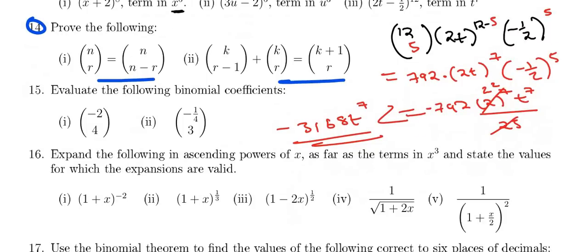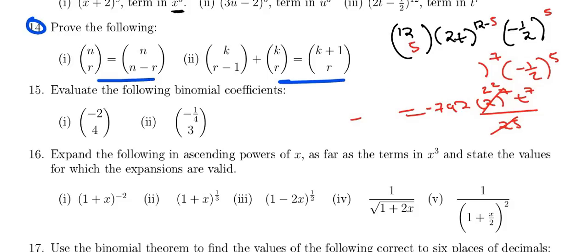Then number 15, the condition for us using the factorials is that n has to always be greater than or equal to r, or rather we're saying r has to be less than or equal to n, not the other way around. So this is not possible.